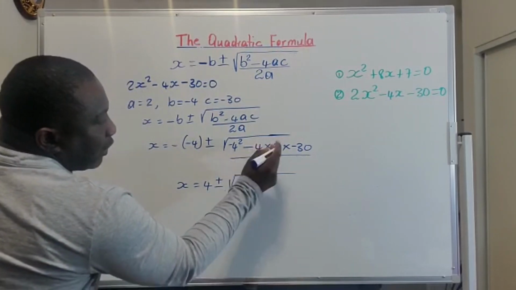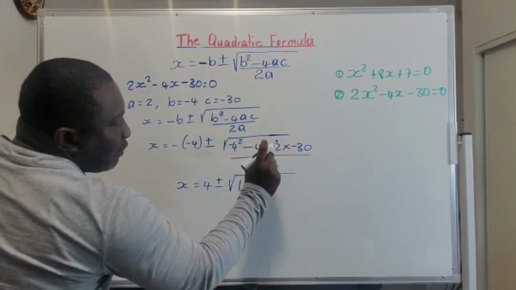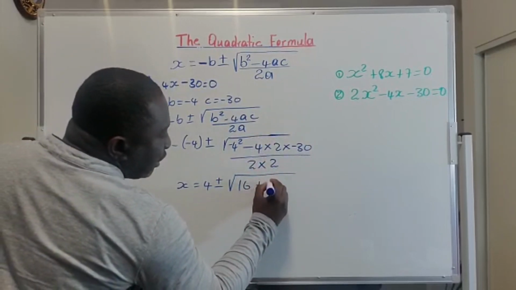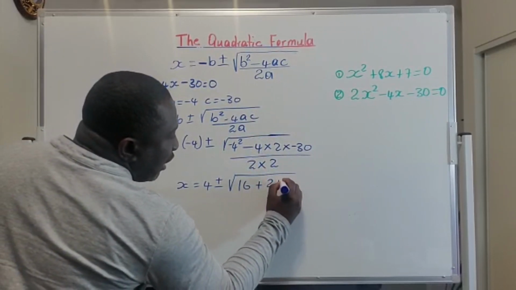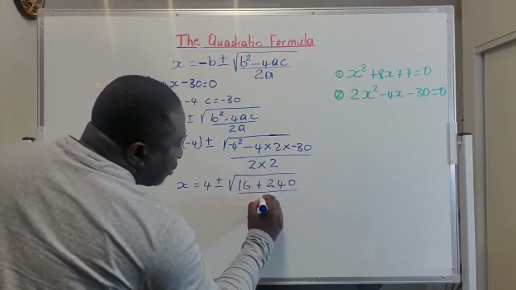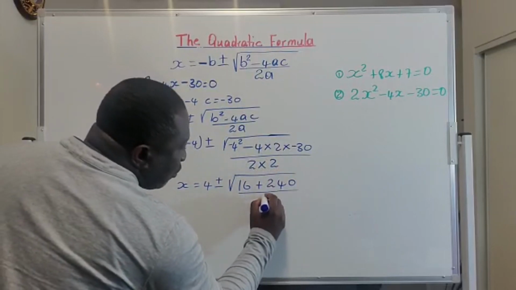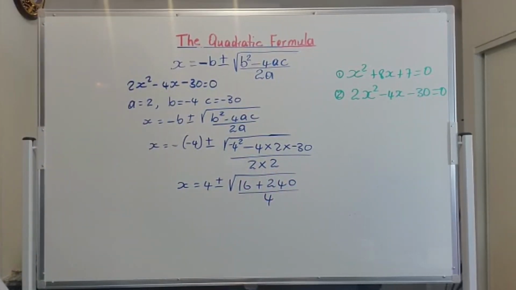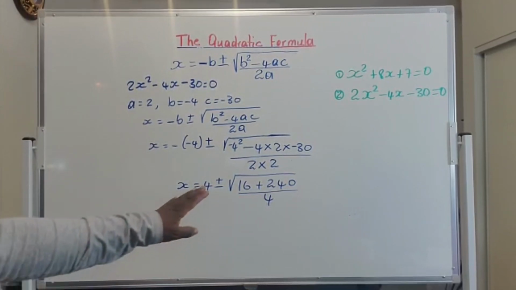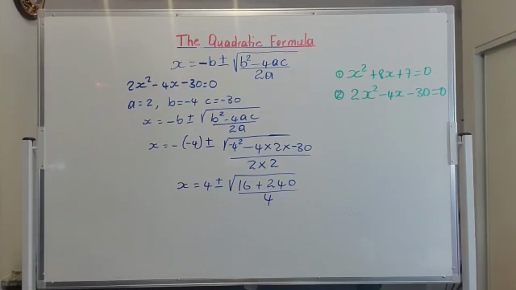So negative 8 times 30 will give us a positive 240. All goes over 2 times 2, which is 4. Take a closer look. So that goes all upon 4.